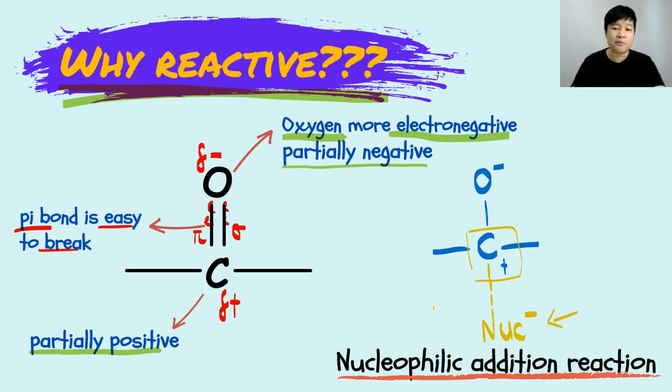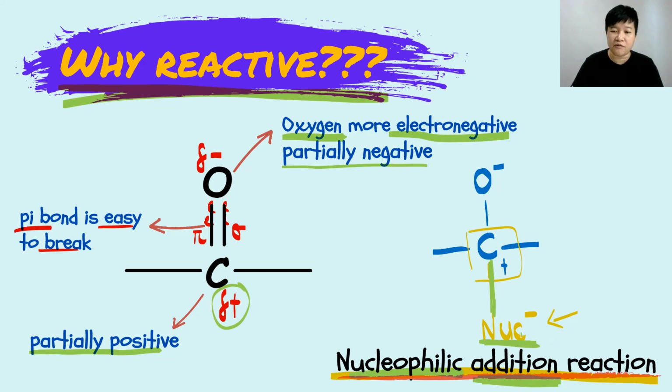Therefore, your carbonyl compound will undergo nucleophilic addition. It's an addition over here. Why does it undergo addition? Because you are forming a new bond, the carbon and the nucleophile. So when you form a new bond over here, that is your addition. It's a nucleophilic addition because the one that will go in and form the new bond with the positive carbon is your nucleophile.